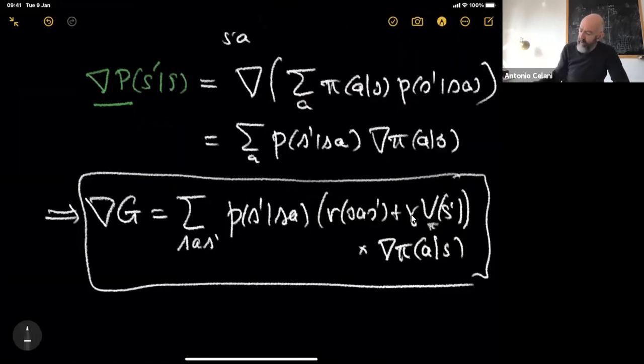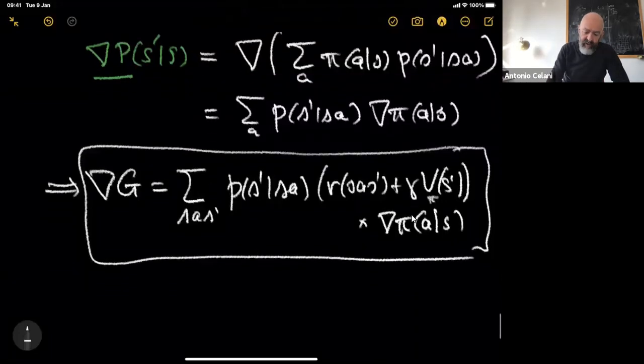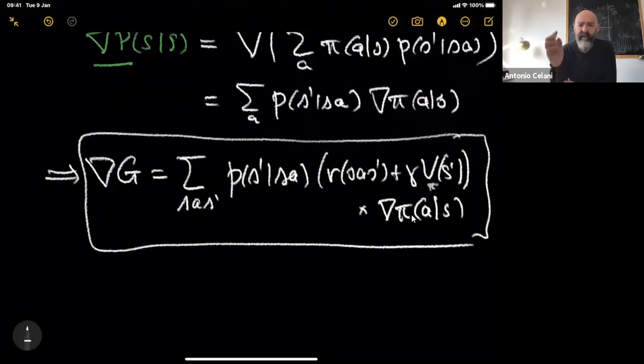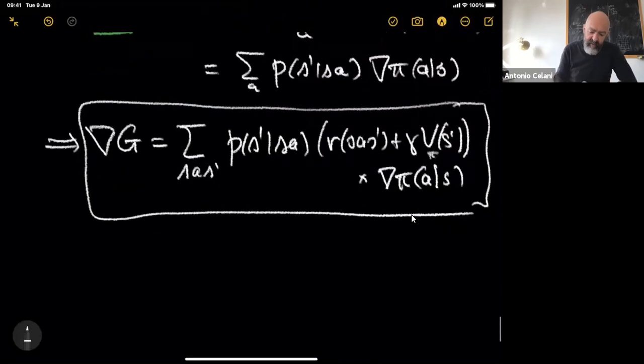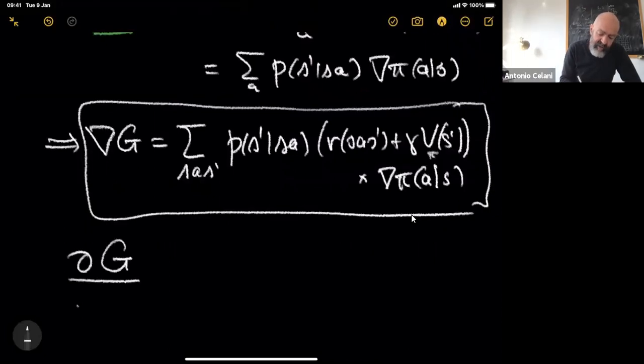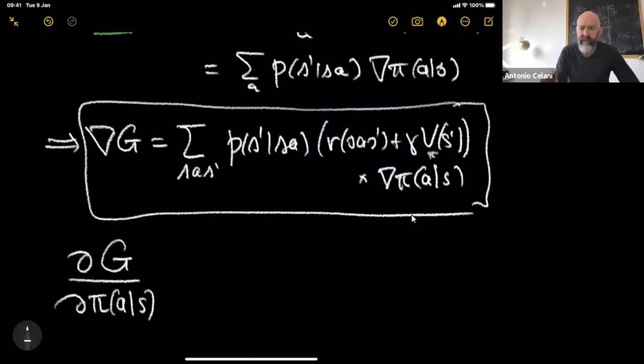So let's do this final step. And this final step goes as follows. Now it's time to take the derivative with respect to some specific directions. Now here I specialize and I say that this object becomes the partial derivative of G with respect to the policy which has a certain state and a certain action.